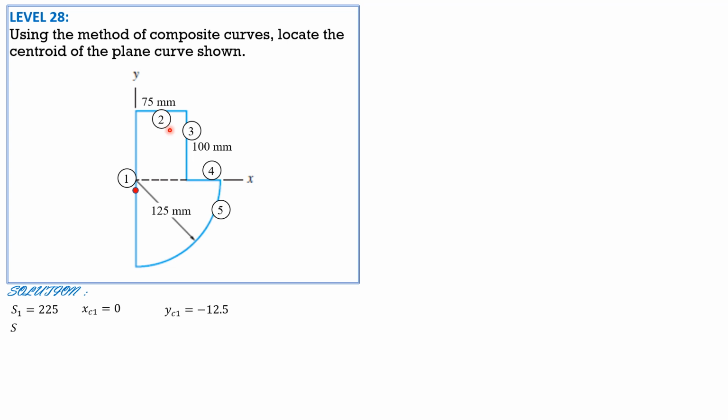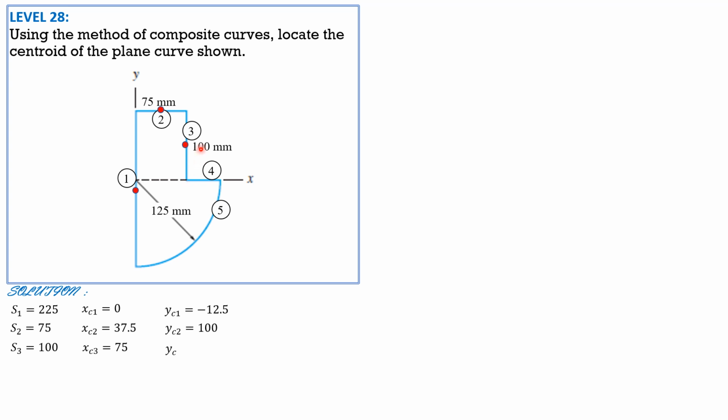Y sub c1 is negative 12.5. Then for element 2, the length S2 is 75. X sub c2 is half of 75, 37.5. Y sub c2 is 100. Then S3 is 100 mm. The centroid is here, so xc3 is 75.